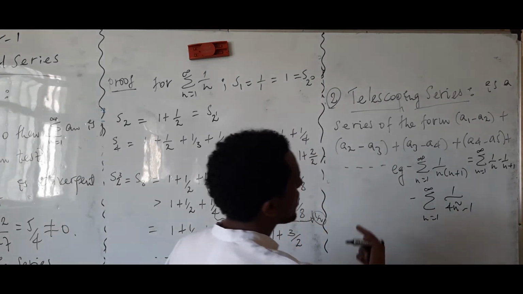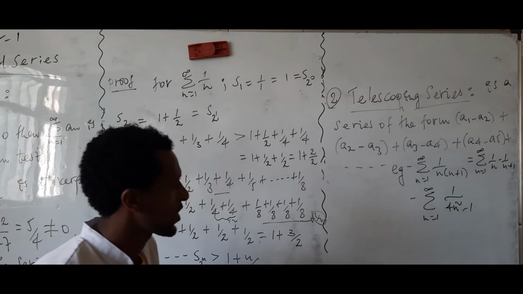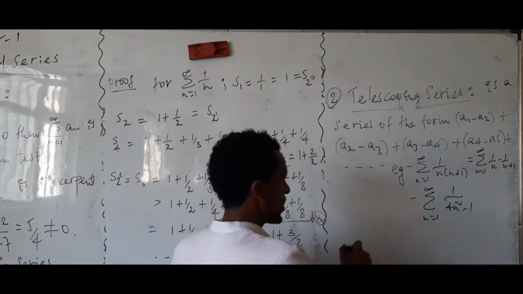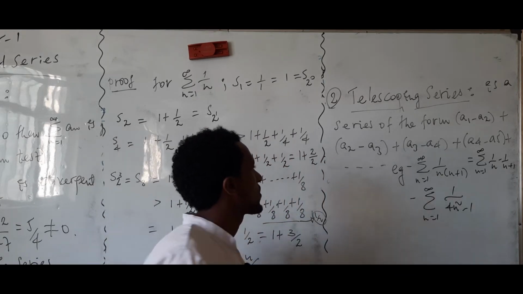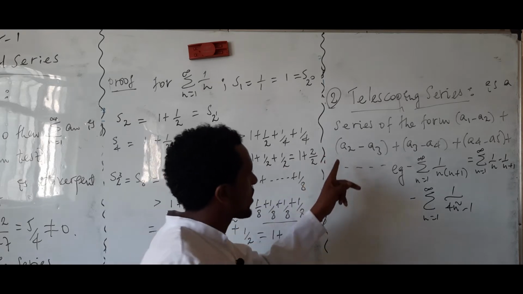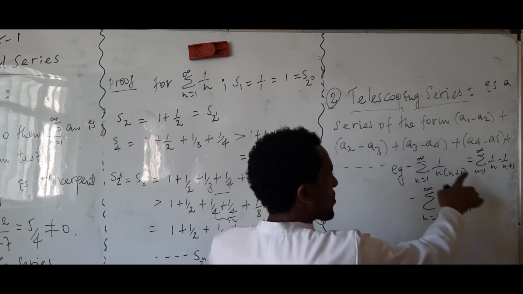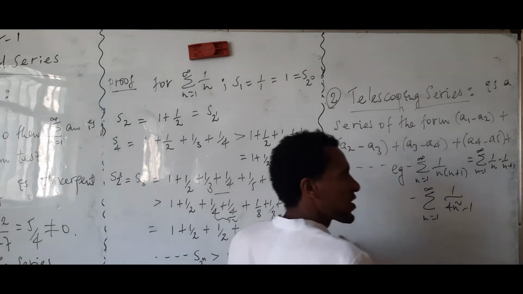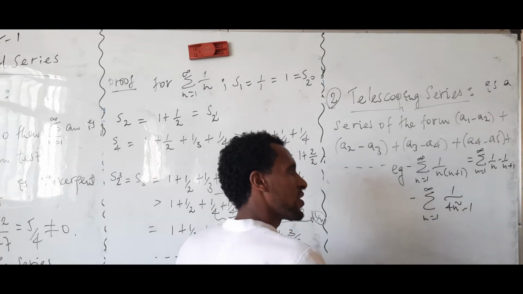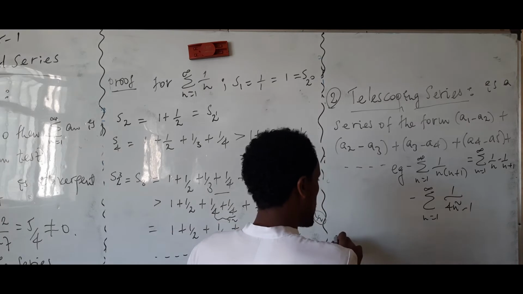This series is convergent if and only if the limit of a1 minus a(n plus 1) is equal to a fixed real number.